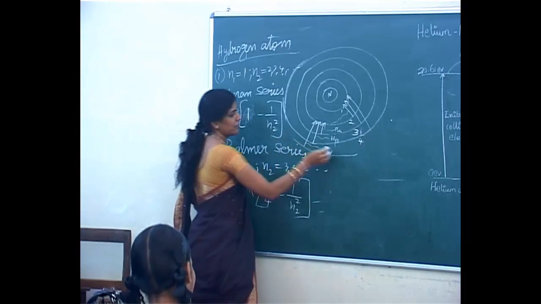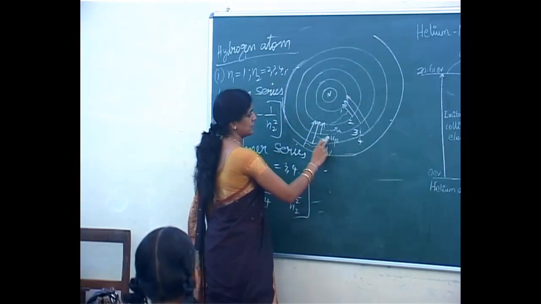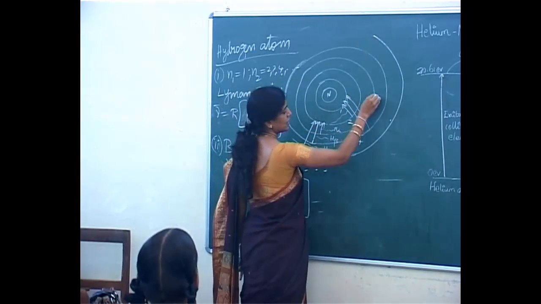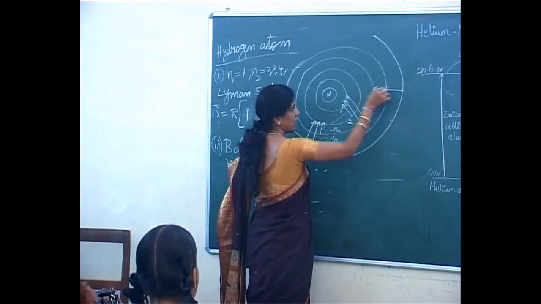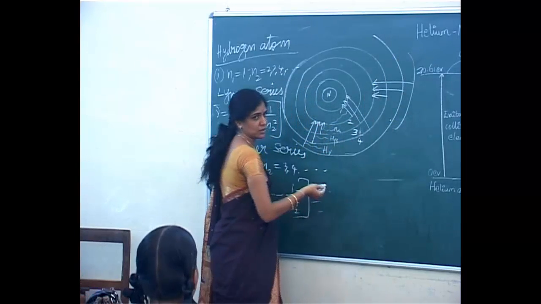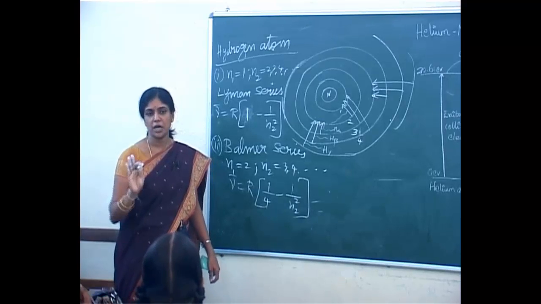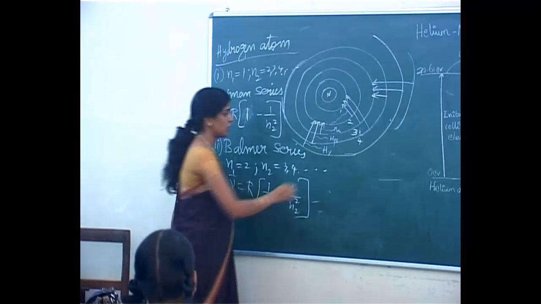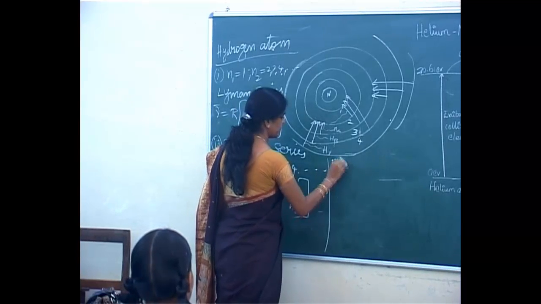An electron can jump from any of its higher orbit to the third orbit. This is the third orbit. Fourth la irundhu third ku varalam, fifth la irundhu third ku varalam, adhe mari sixth orbit la irundhu third ku varalam. It will be going on like this. So if electron jumps from any of its higher orbit to the third orbit, that type of spectral series we call it as Paschen series, the third one.